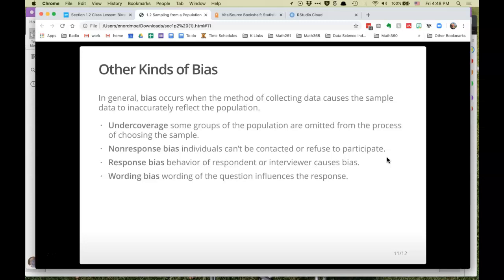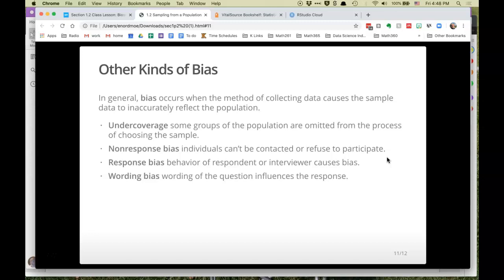The interviewer might, just to give an extreme example, be doing a survey about attitudes toward vaping on campus, and of course, if the interviewer happened to be vaping at the time or have some equipment nearby, that might influence the type of responses, or perhaps an interviewer that was smoking or in some way exhibiting behavior that would cause people to respond in a more socially acceptable way.